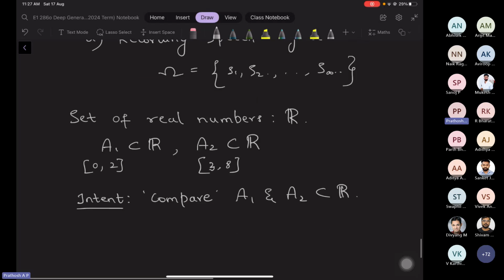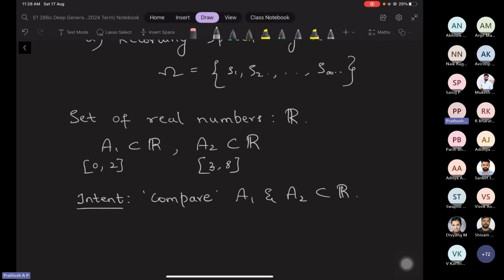So let me take some opinions here. If I have subsets of real numbers, how do I compare them? Maybe what is the common numbers between two sets? Okay, so how does that tell me anything about these two sets?